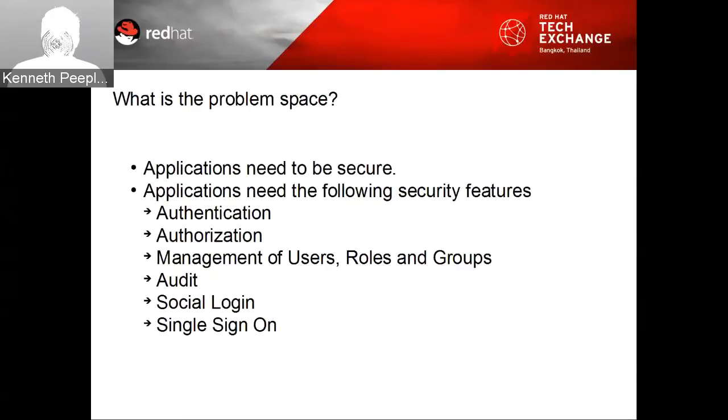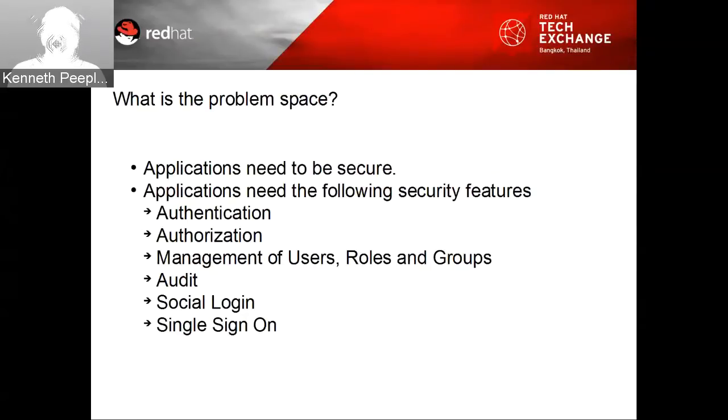There's also social login. With social media now, a lot of the logins you're able to use across applications, so you could use that within applications that are secured by PicketLink and even KeyCloak. And of course, single sign-on.